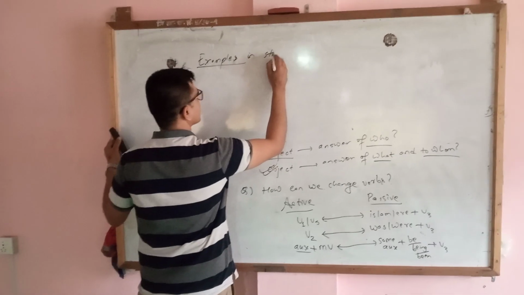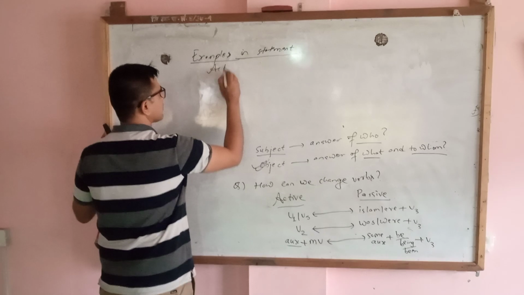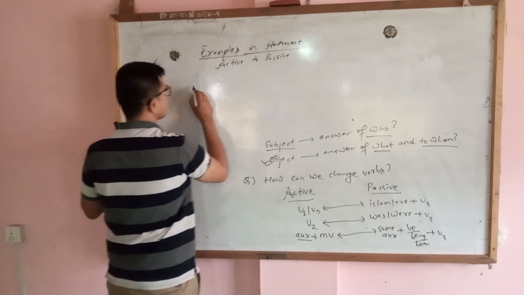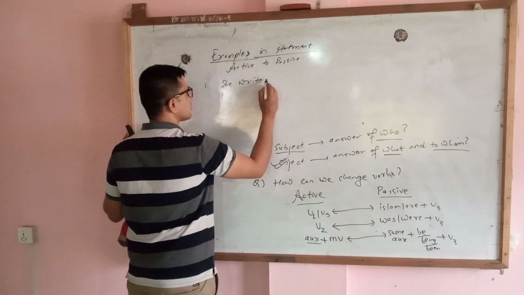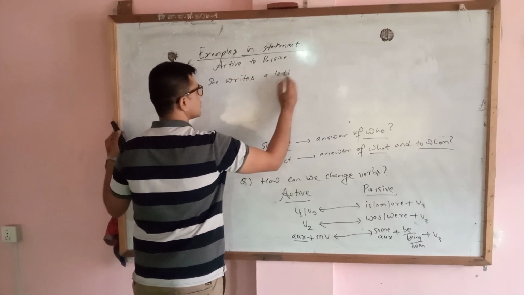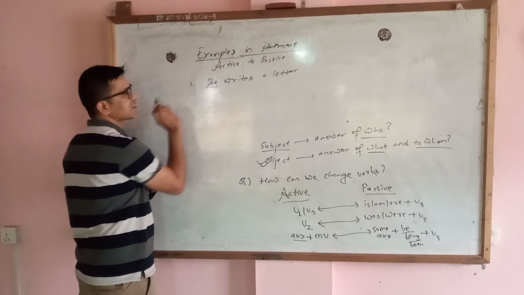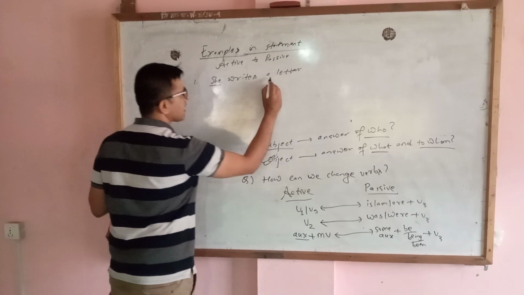Examples in statement. Active to passive, okay? Very fast. Number one. She writes a letter. Dear student, you can see, who writes a letter? She. This is the subject. And what does she write?